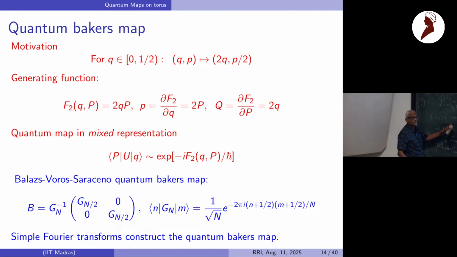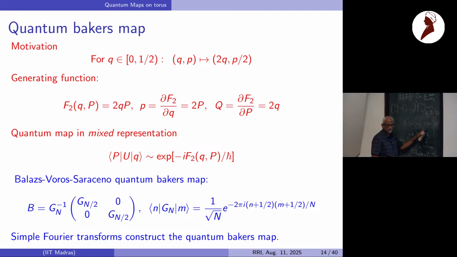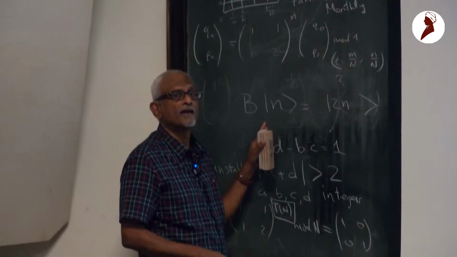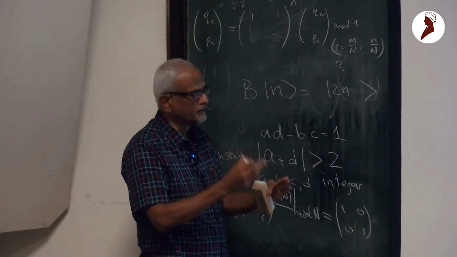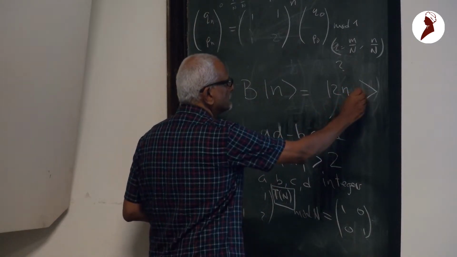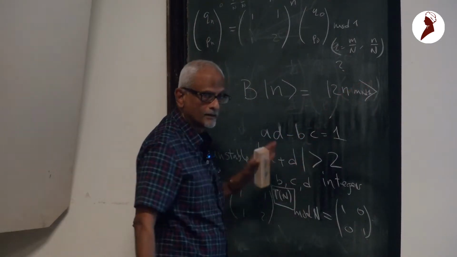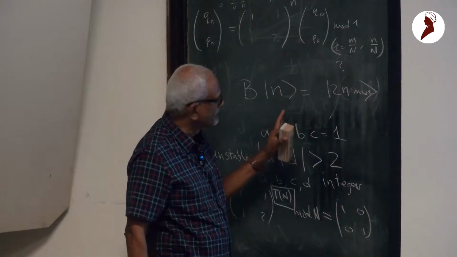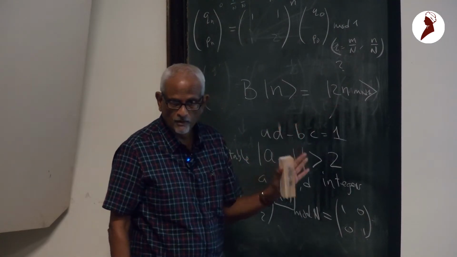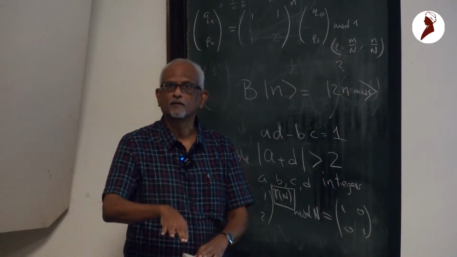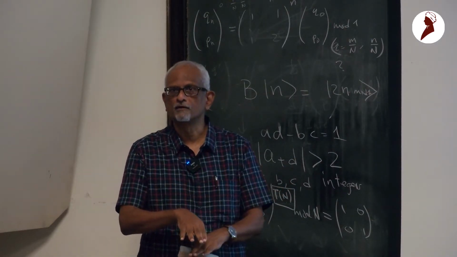If you use this map, you will see that in the large N limit, it goes to 2n if n is smaller than capital N by 2. That is this 1/2, and so this modulo 1. Okay, this is just the position representation, but it should be good enough to give you also what's happening in momentum. That's the thing with the quantum.